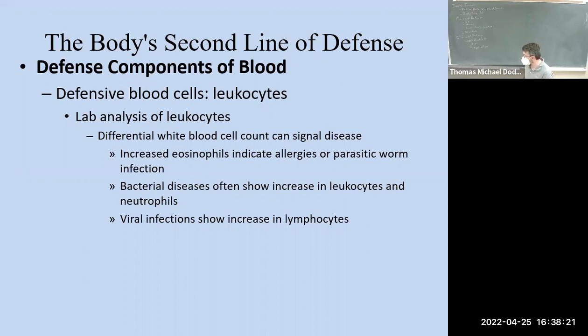If it's an eosinophil, you've probably got an allergy or a parasitic worm. Okay, so basically you can actually identify which of these are flowing through your blood, and it will help doctors know which thing that you might need to be looking for that's infecting you, causing the problem. Okay, viral infections are going to see more of the lymphocytes.